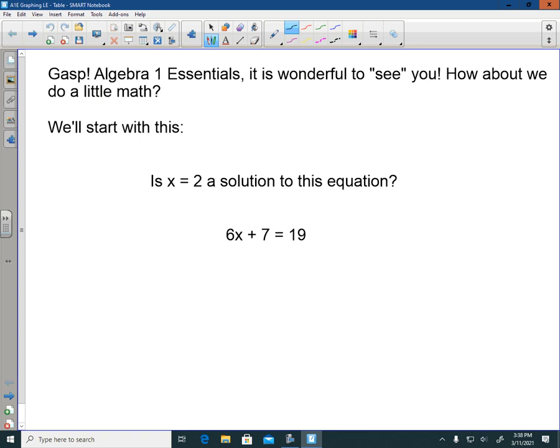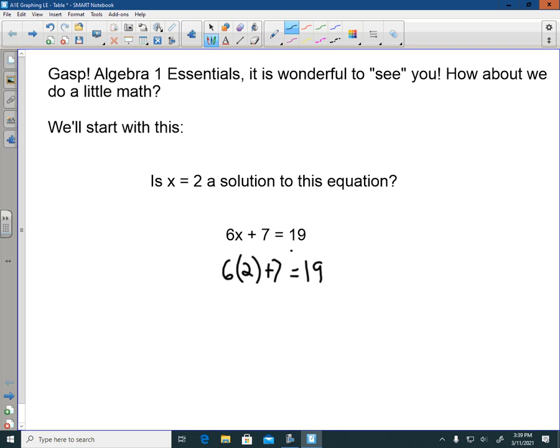So the idea is we want to know if x equals 2 is a solution to this equation. In other words, if we drop a 2 in for x, will our equation be true? Will it balance? So let's just do it. That's what we do to solve this problem. So if we take 6 and we drop that 2 in for x and we add 7, are we going to get 19?